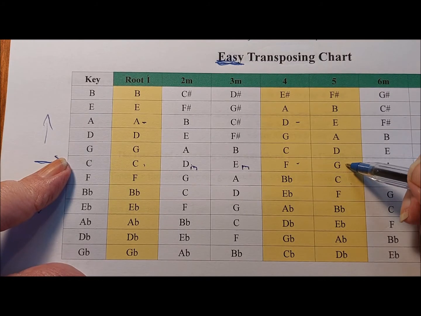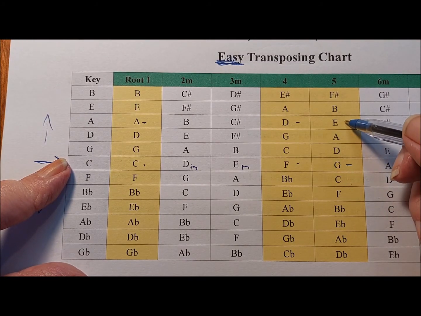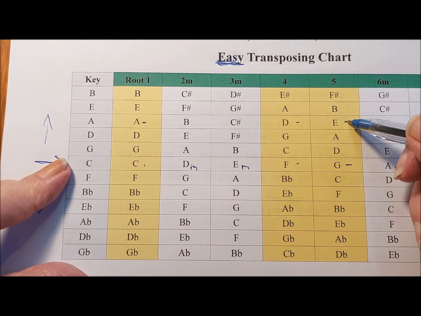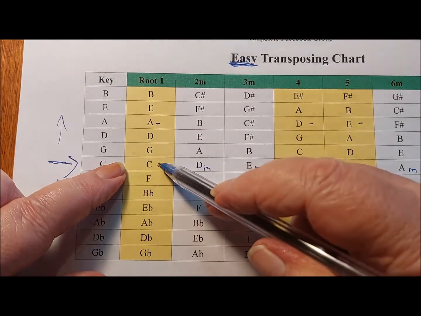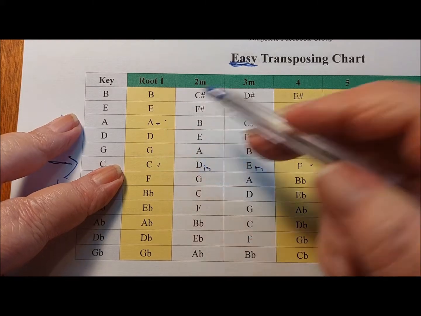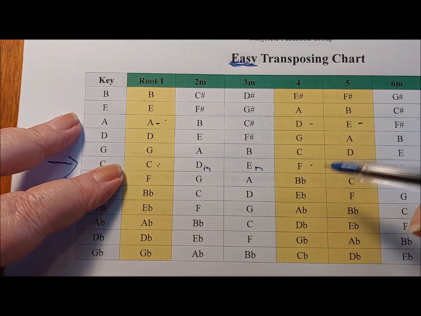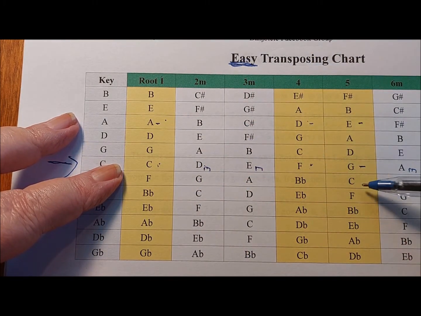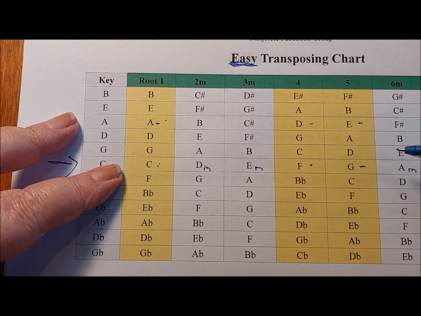All of our G's will now be E's. You understand? C will change to A. If C changes to A, then F will change to D, and G will change to E.